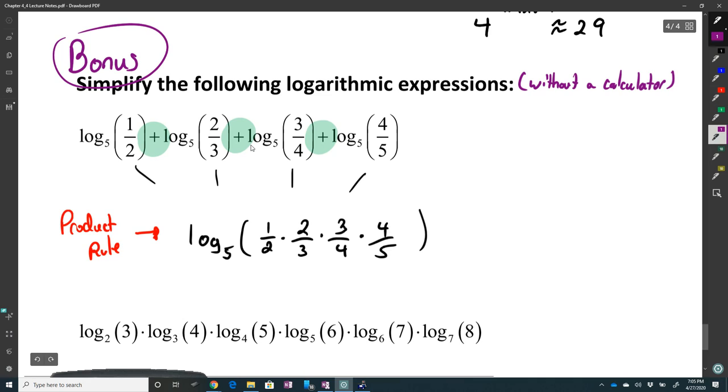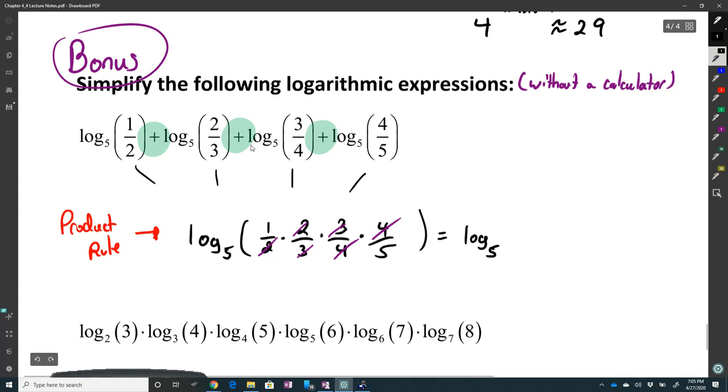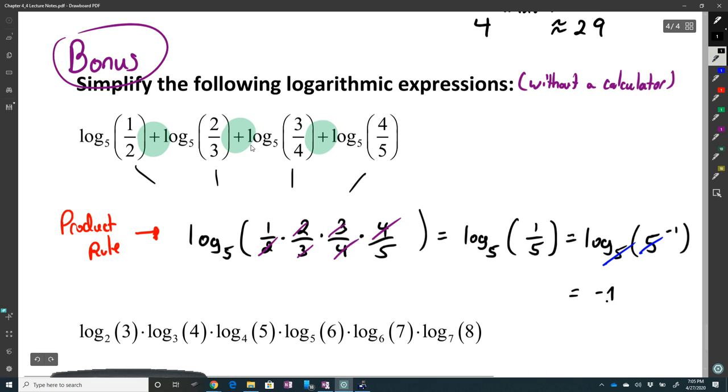Now, the cool thing is that the 2's cancel, the 3's cancel, the 4's cancel. So all I'm left with is log base 5 of 1/5. But that's just log base 5 of 5 to the negative 1. The log and the 5 cancel out, and you're left with negative 1. I like these. They're like little puzzles.